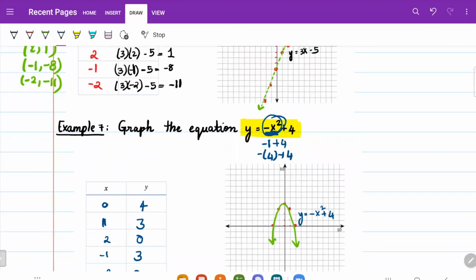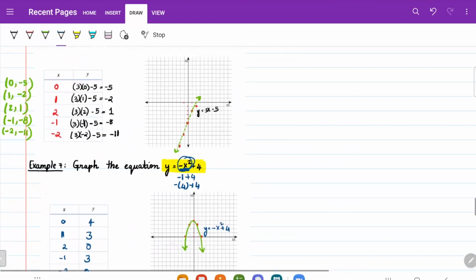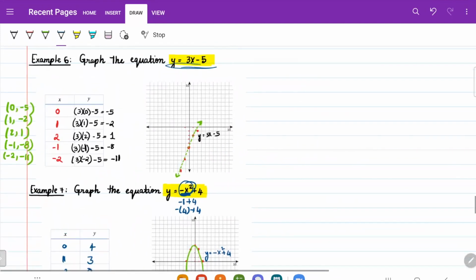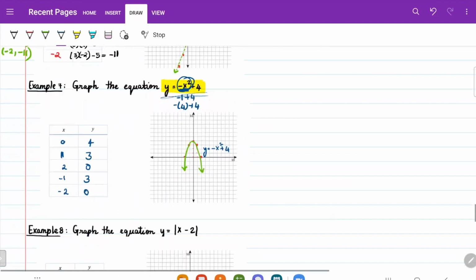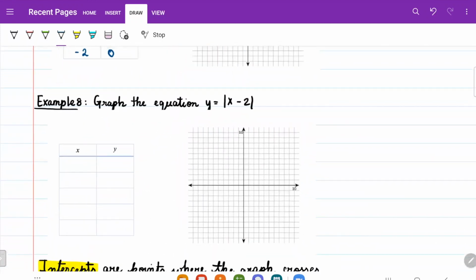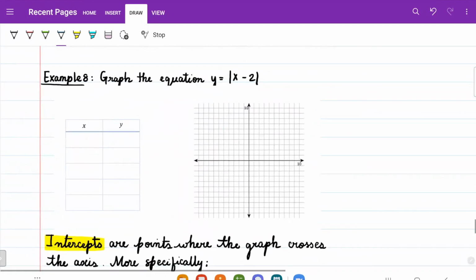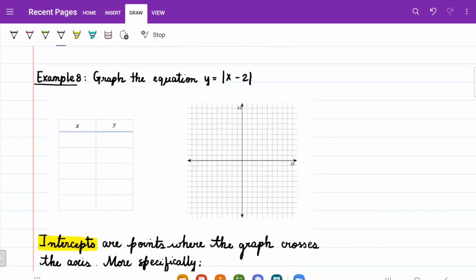So we plotted 2 graphs so far, a linear equation here, a quadratic equation here. And let us do this last one, where y is the absolute value of x minus 2. One thing to recall is that the absolute value of a positive number is a positive number, and the absolute value of a negative number is also a positive number.